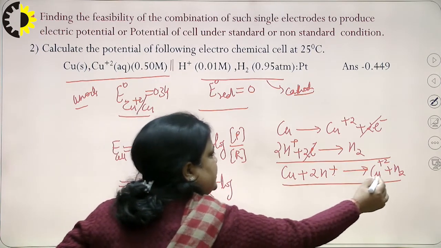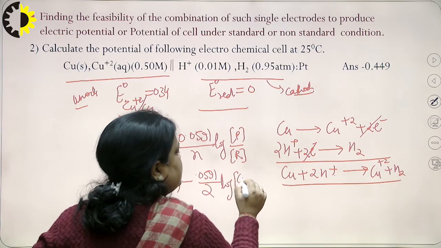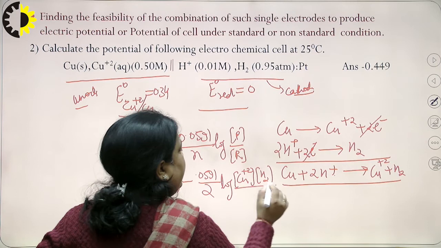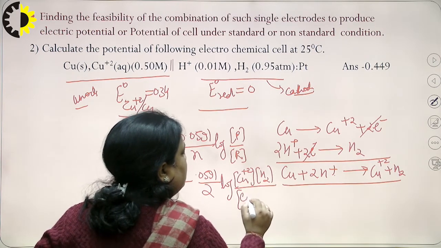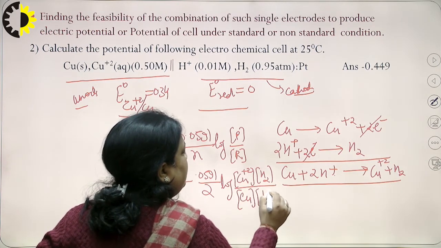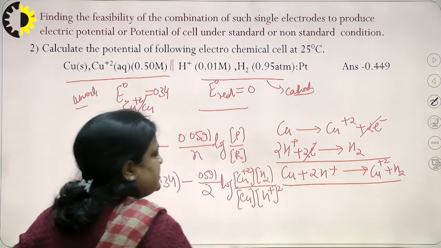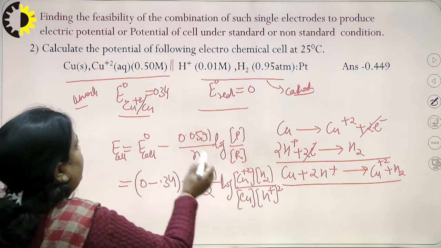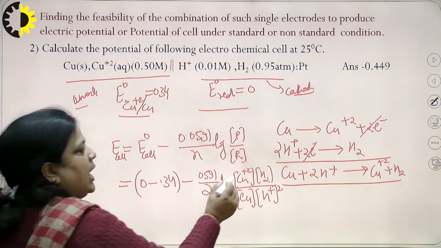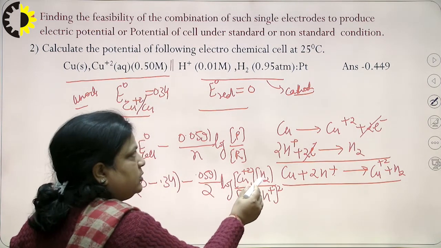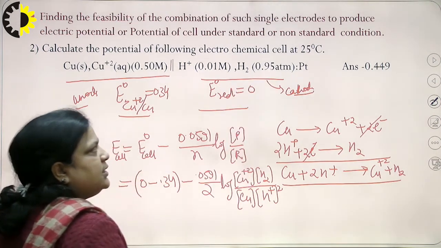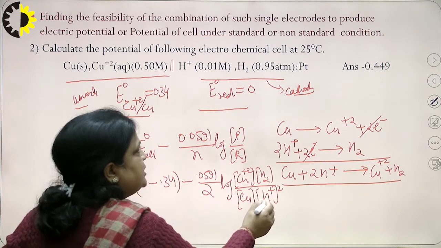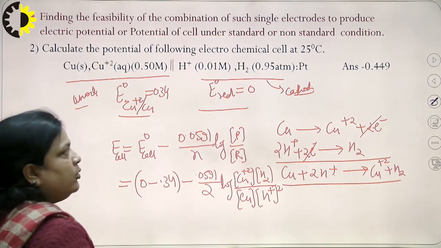We can easily say these two are products: copper plus 2 into H2 divided by copper and H plus square. Here the concentration of copper plus 2 is 0.5. Hydrogen is in gas form, so we took the pressure, which is mentioned as 0.95 atmosphere. Copper is solid, 1, and H plus ion concentration is 0.01.